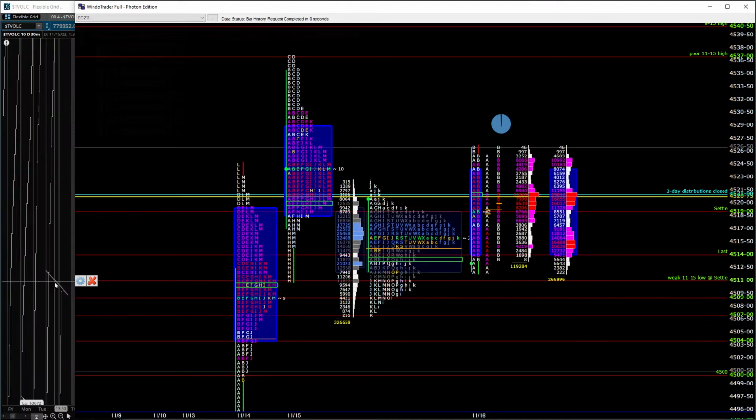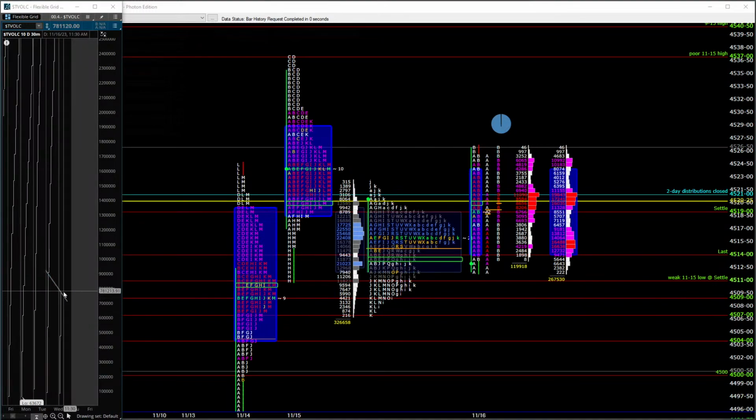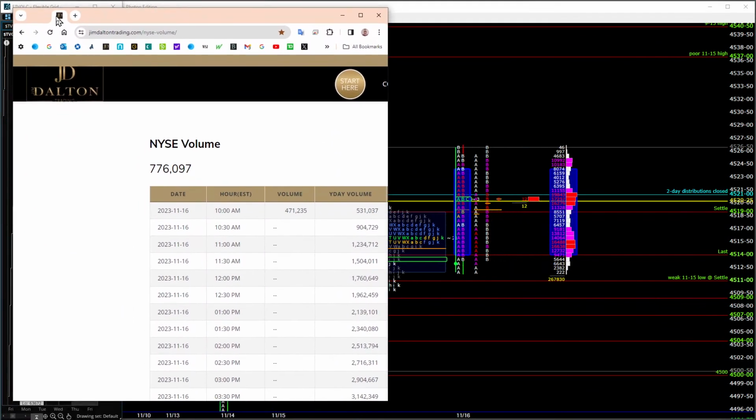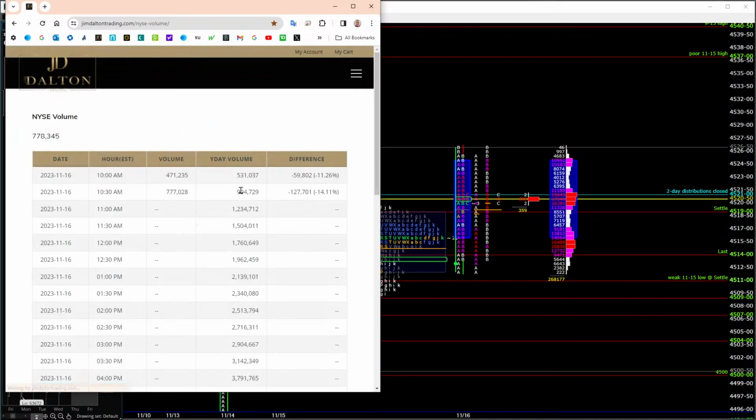Oh my God, it's even lower. This is going to be even lower. Volume is decreasing here. How much is this? 10%, right? Around 10%. Let's see. Was 11%. Oh boy, 14%.